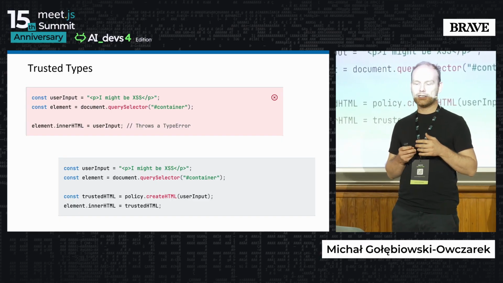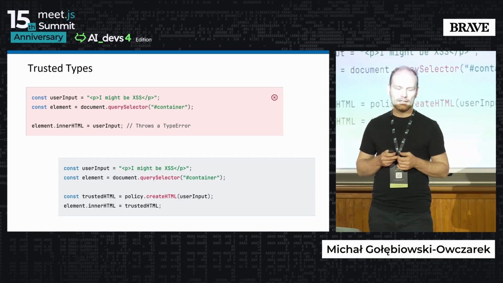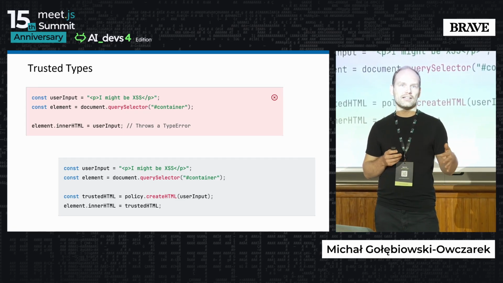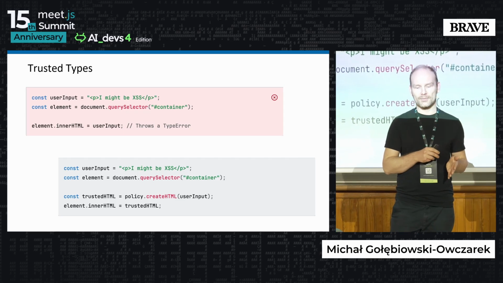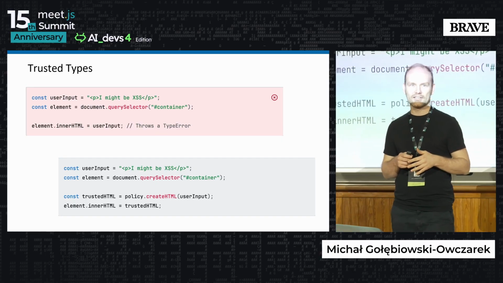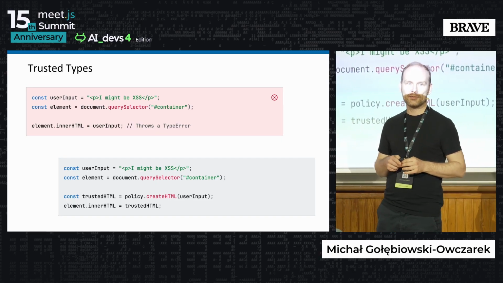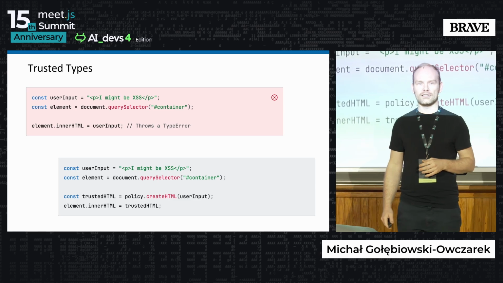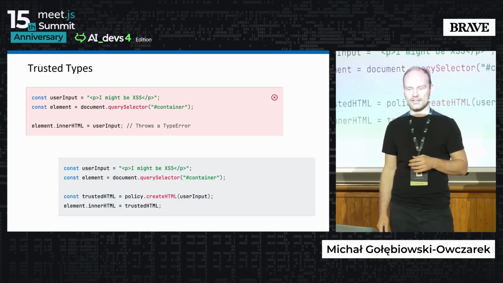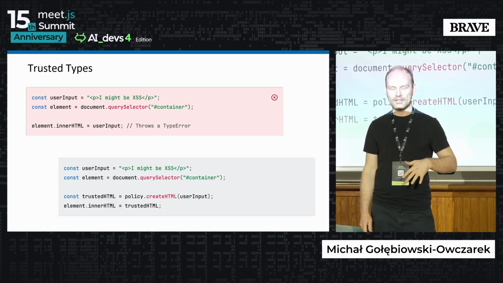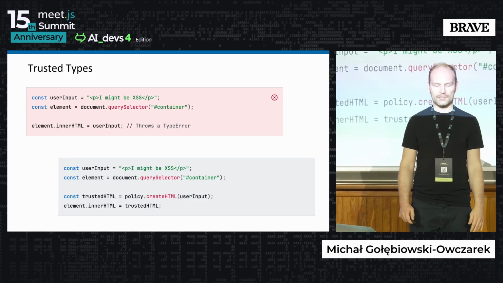And if you use the Trusted Types API, then you're not supposed to assign raw strings to innerHTML. You should use the special policy object with its createHTML method that creates a special object that keeps this HTML under the hood. You can hook up some sanitization process inside.